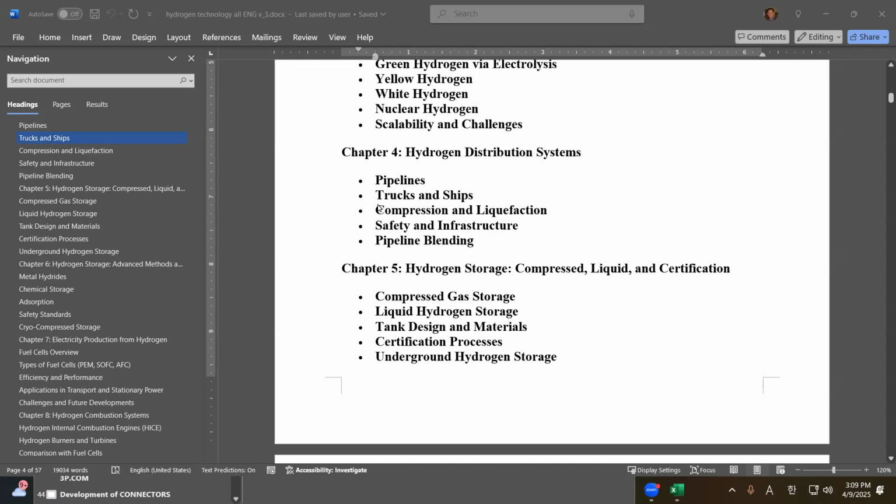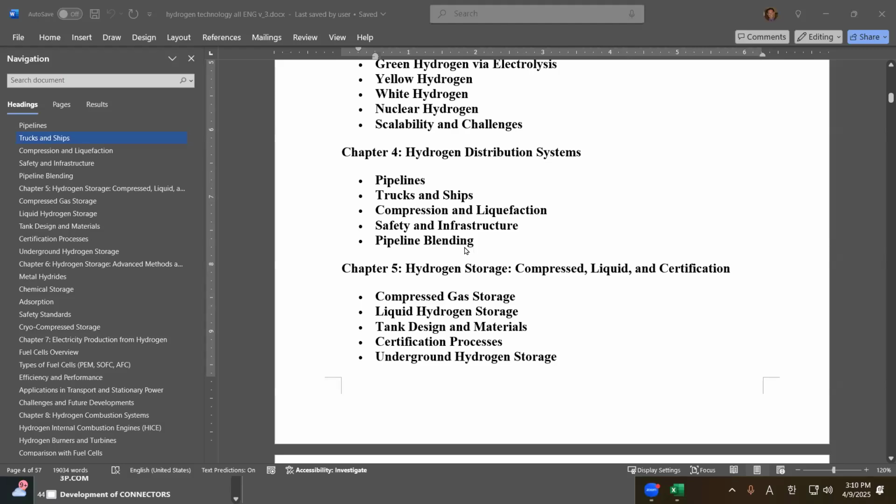We can also use trucks and ships with big storage tanks, by way of compression and liquefaction. And safety and infrastructure are very important topics. We can also use pipeline blending rather than a pipeline just for hydrogen.